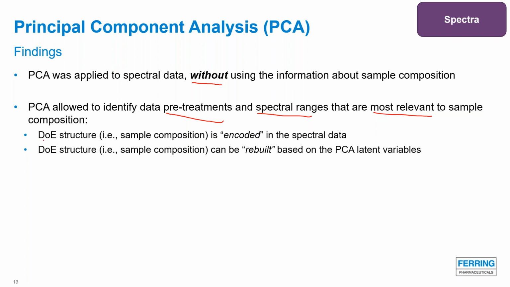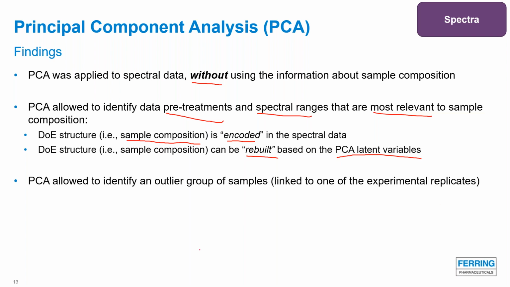One thing to really highlight is that the DOE structure, in other words, the sample composition, is somehow encoded in the spectral data, and that PCA was able to rebuild this composition based on the spectral data, using only the latent variables PC1 and PC2, for example. PCA was also a very valuable tool to identify outlier groups. And we have seen that it is linked to one of the experimental replicates that we have done.